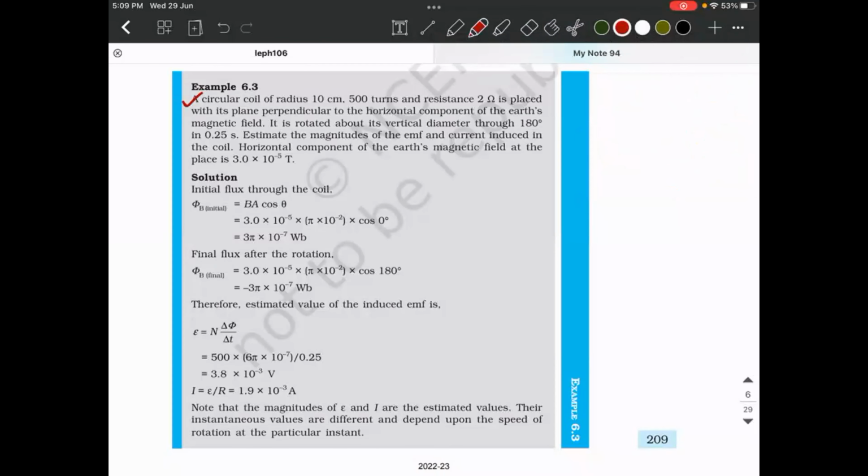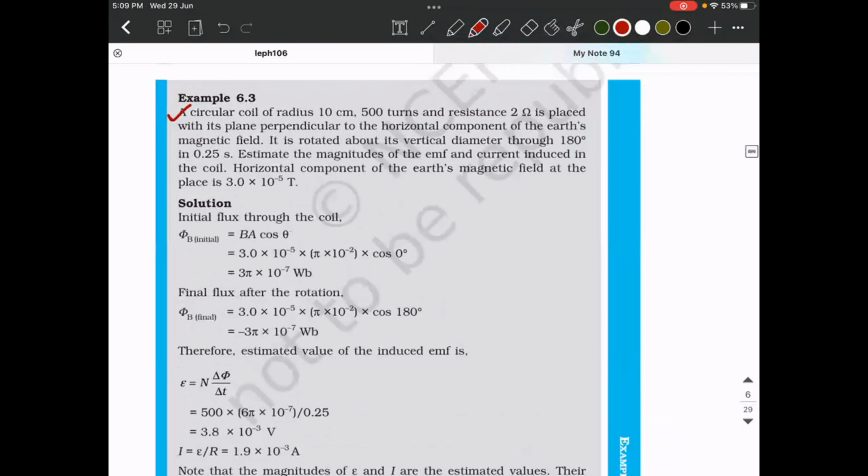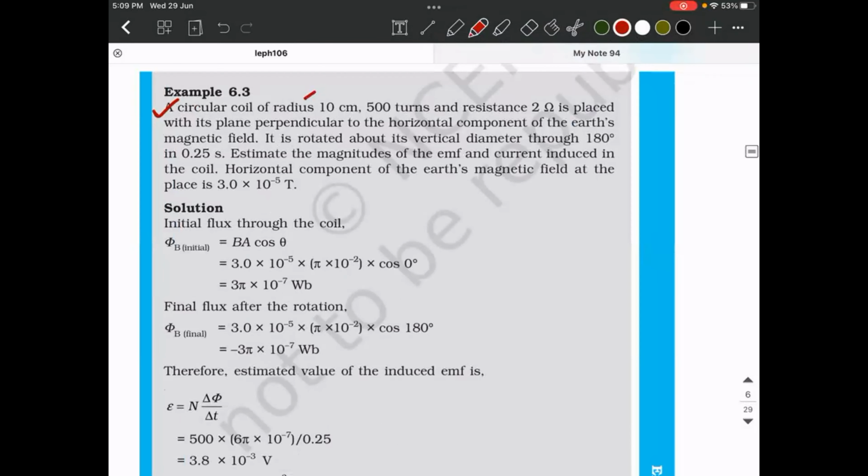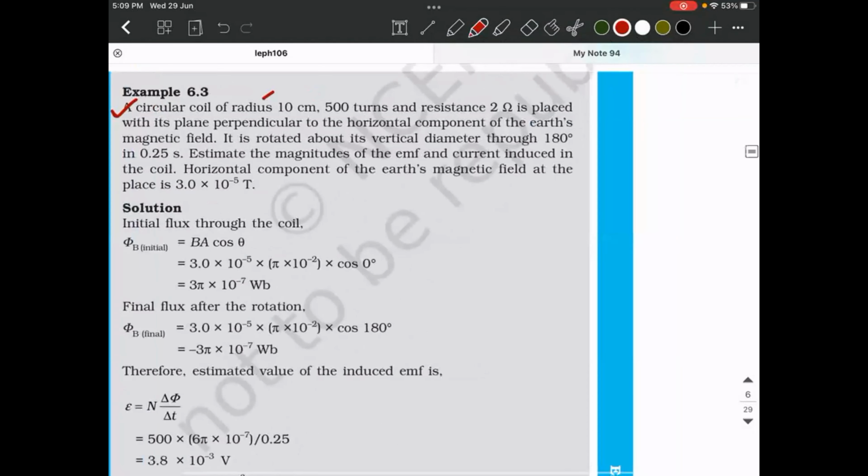Now, let us recollect. So, if there is a circular coil of radius 10 centimeter, the number of turns is 500, resistance being 2 ohm, is placed with its plane perpendicular to the horizontal component of the Earth's magnetic field.